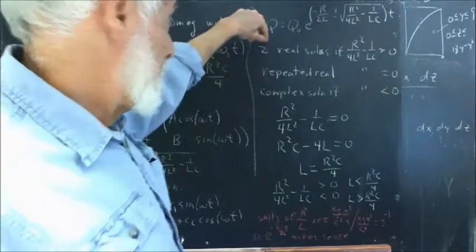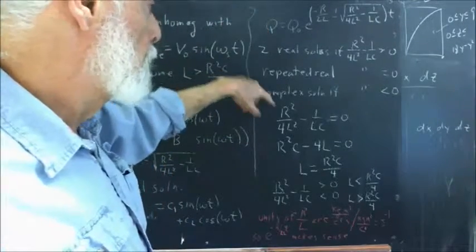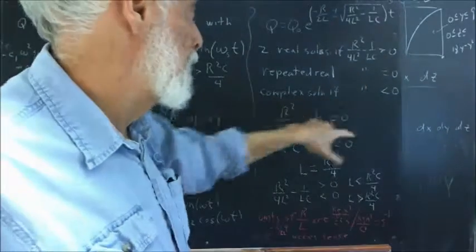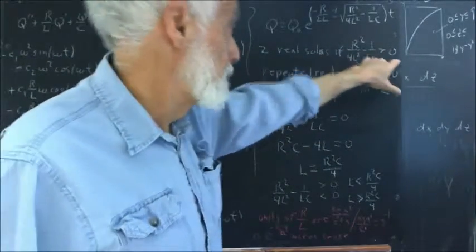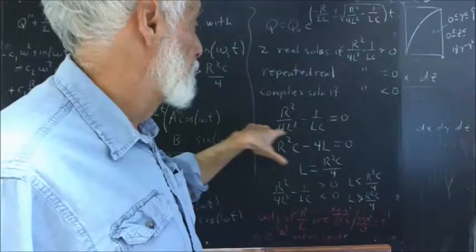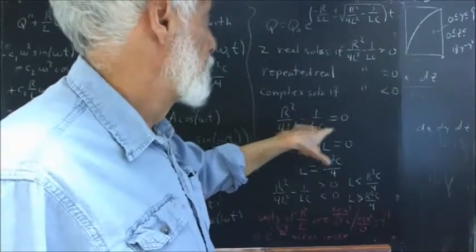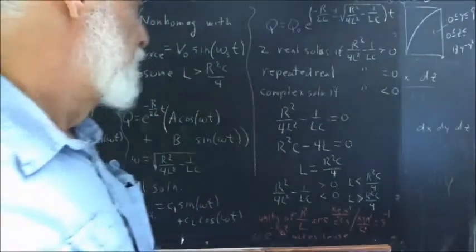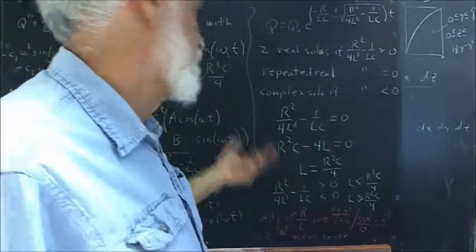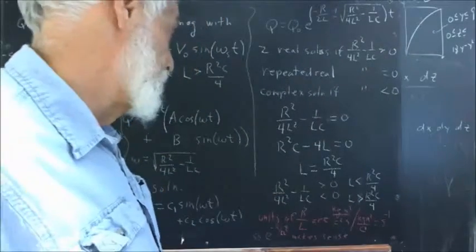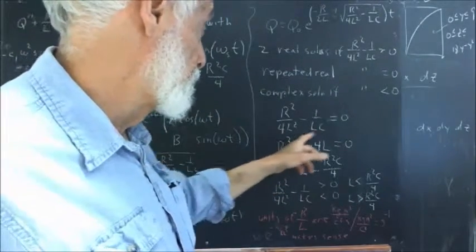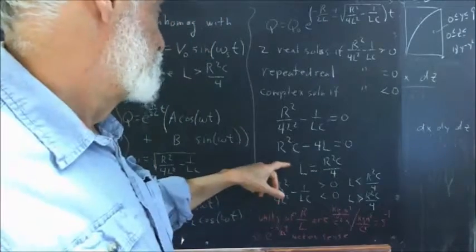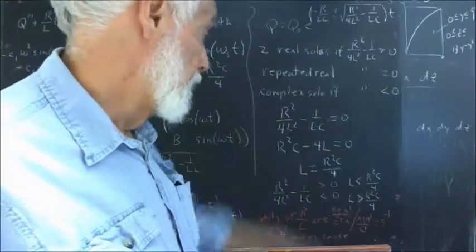Okay, now looking at what this implies, let's just see where r squared over 4l squared minus 1 over lc is 0. We rearrange that, multiply through by the common denominator, which will be 4l squared c, and we get r squared c minus 4l equals 0.